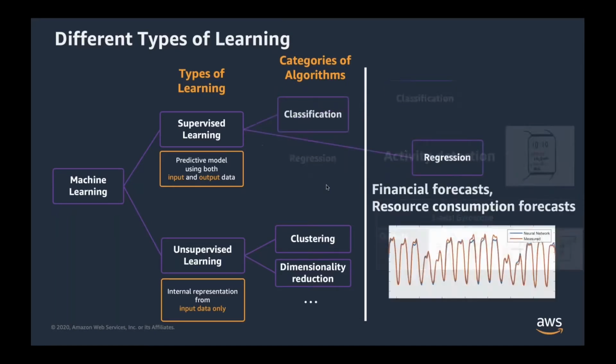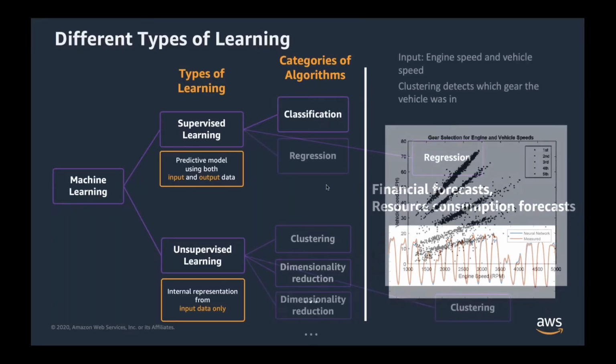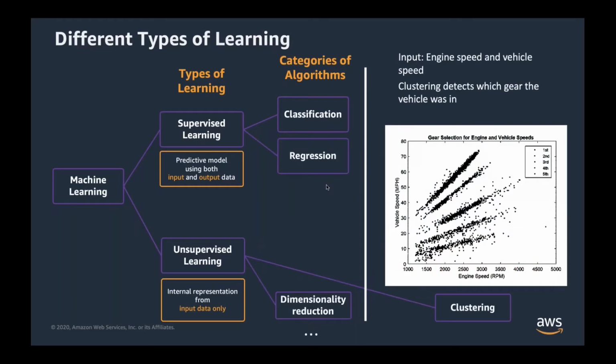For regression, that is forecasting, for financial forecasts or resource consumption forecasts. For unsupervised learning, like I mentioned, you look at the attributes of your inputs and cluster based on similarity. In this case, you're looking at data points for the vehicle speed of a car and also the RPMs of the car, and then you're able to see what gear the car is in based on that.